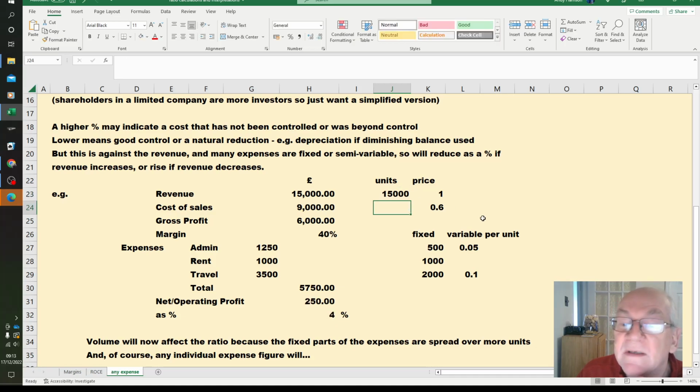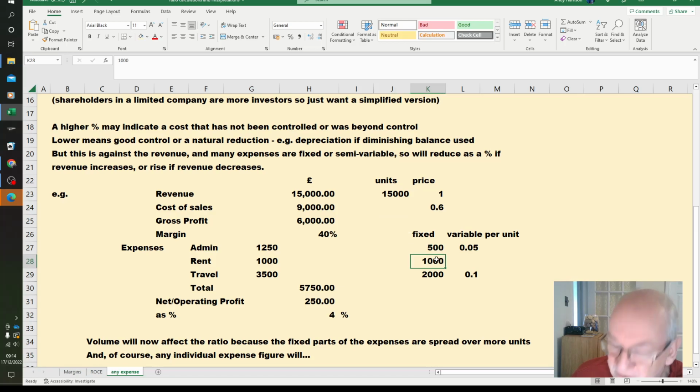Goes up to 15,000, and not only is the margin still 40% because it's only the units that have changed, but the fixed element of the expenses is spread over more units, so we've got a better net or operating profit margin. If we actually change these numbers, we can see what happens. We'll stick with these numbers so far because they're actually making a profit.